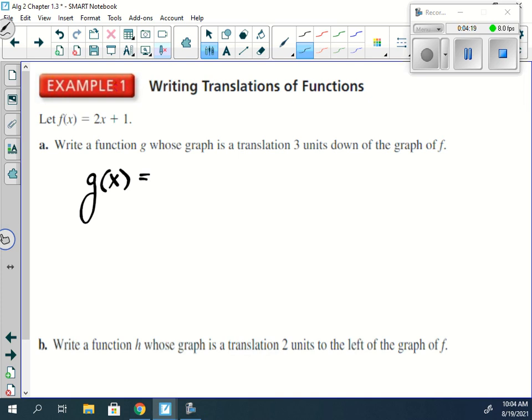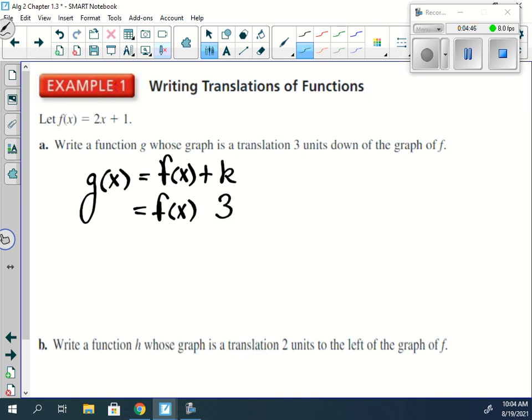Now, since we're talking about a vertical translation, the definition they gave us a minute ago was f of x plus k, whatever that amount is that we're moving it either up or down. What did they say the amount that we're moving it is? 3 and it's down.